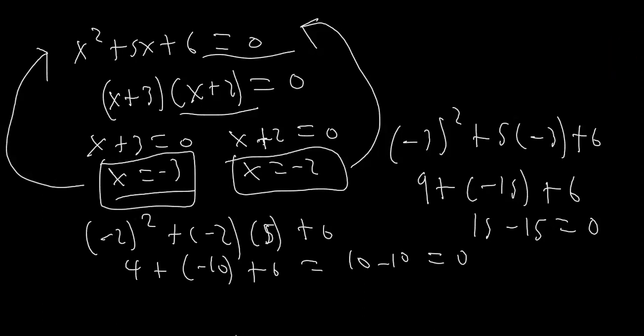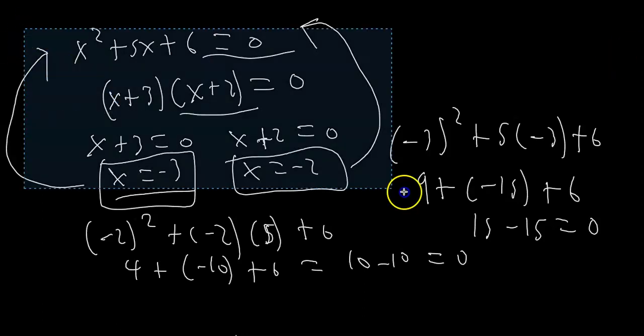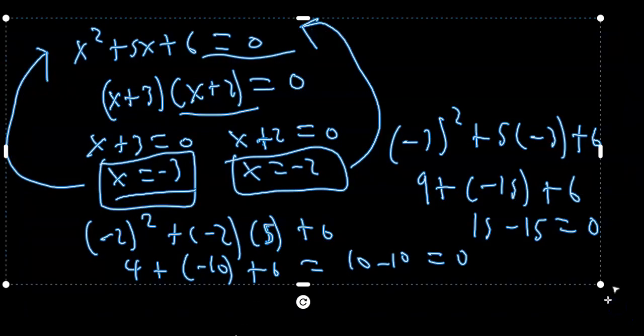Alright, now let's do a much harder example of solving quadratic equations. So say, for example, this whole time we've been solving quadratic equations where the coefficient of the x squared term is always just 1. Now, what if the coefficient is 2, so 2x squared?